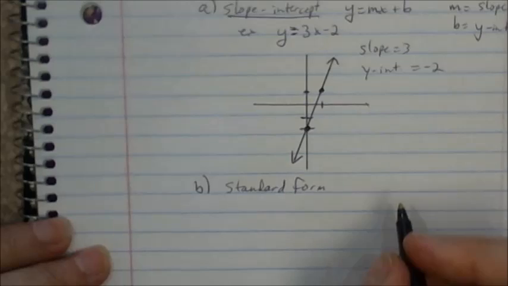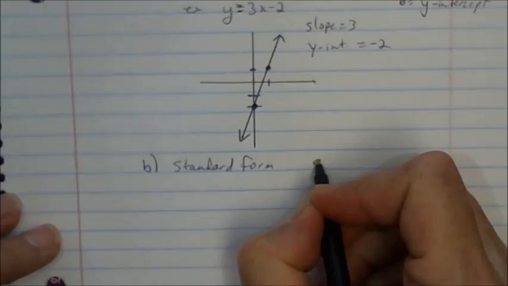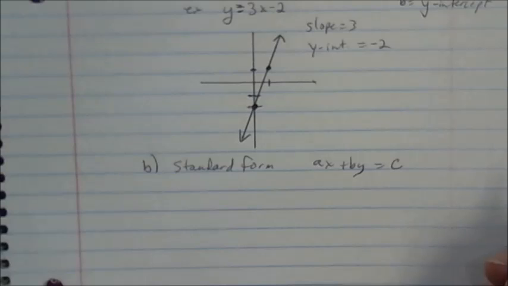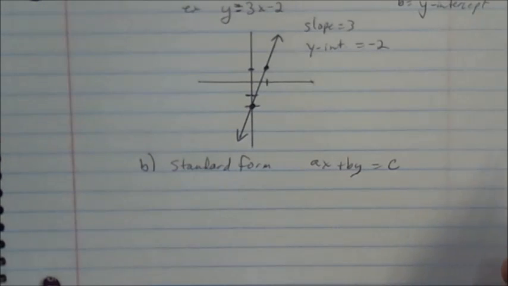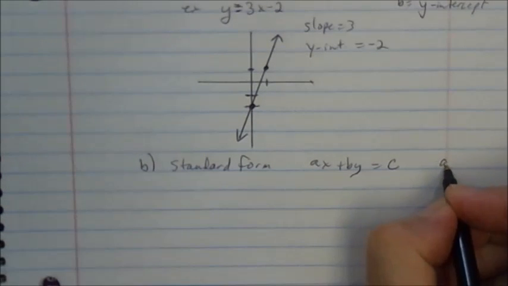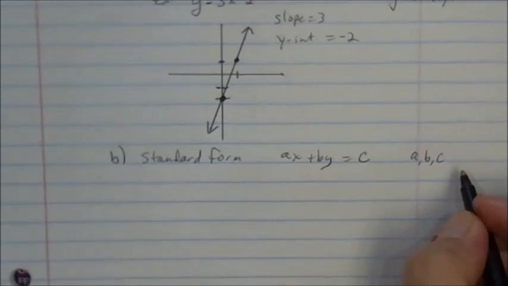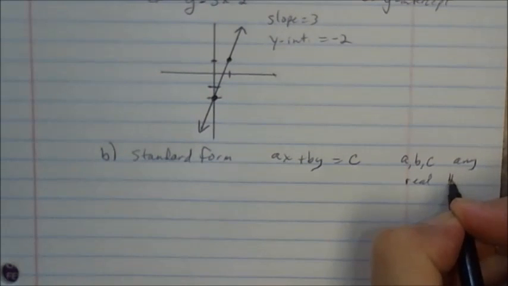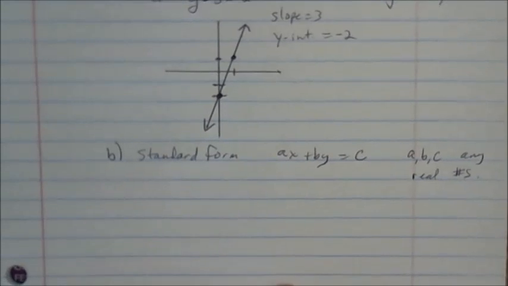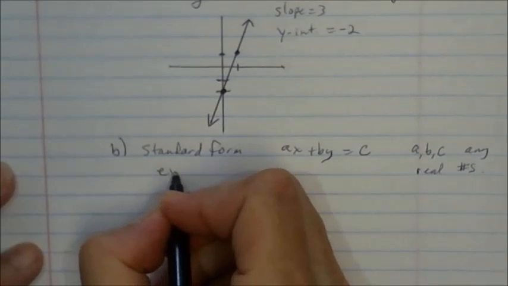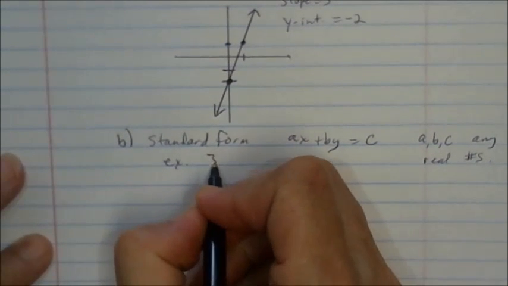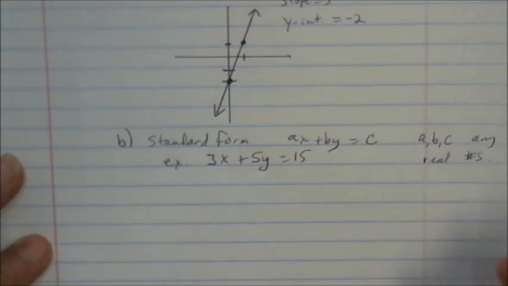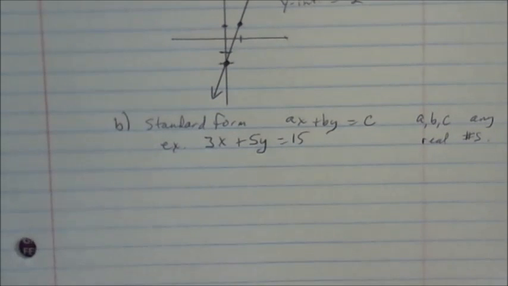And standard form is ax plus by is equal to c. A, b, and c are any real numbers. So for example, if you have something like 3x plus 5y is equal to 15, that's a linear function in standard form.